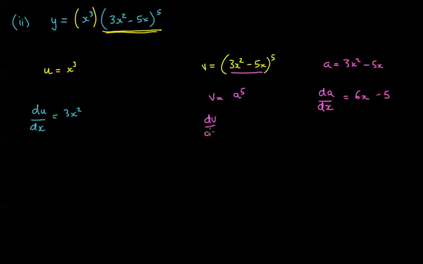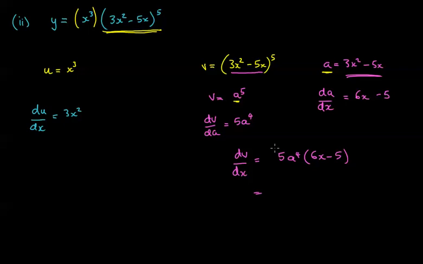dv by da equals 5a to the power of 4. And I'm just going to multiply these two. So dv by dx equals 5a to the power of 4 times 6x take away 5. Replacing the a back with this. This is just the chain rule using a different letter instead of u, by the way.